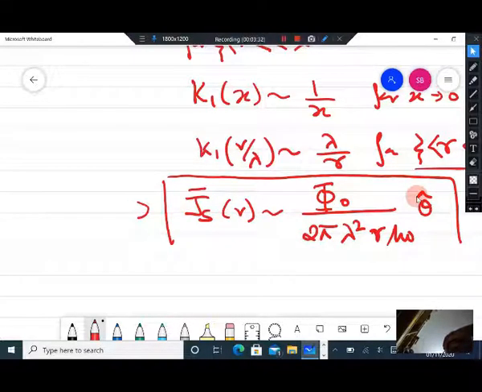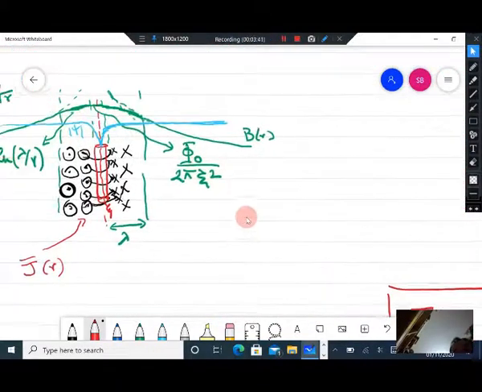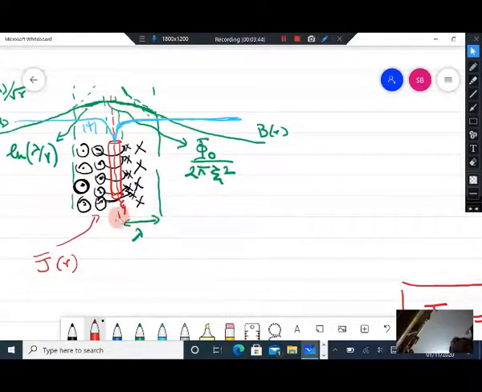So within a distance lambda of the center of the vortex, this is how the current density varies inside the superconductor.